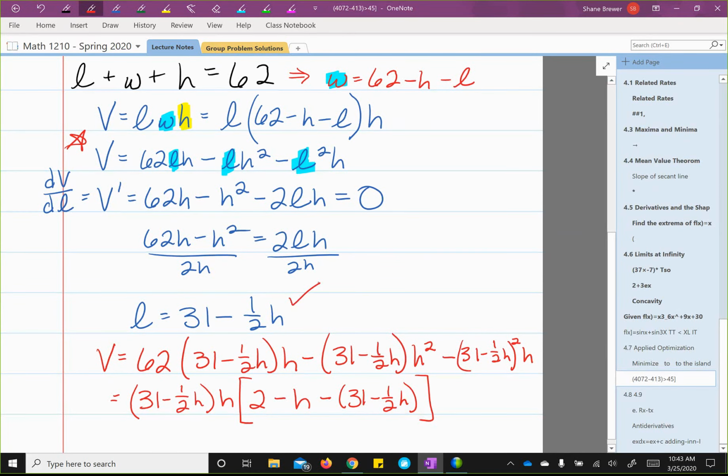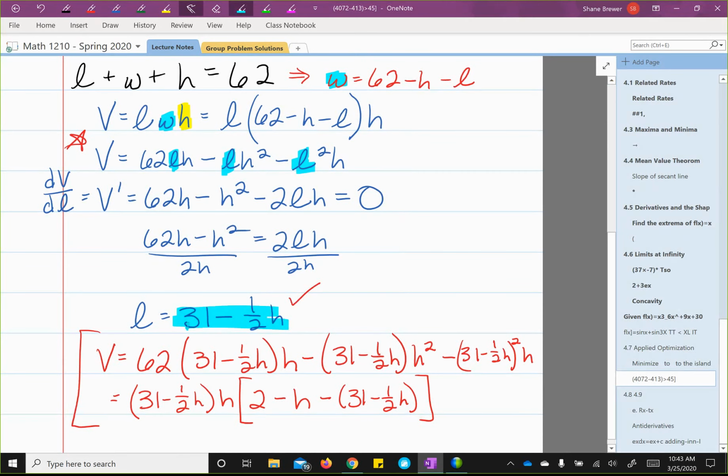All right. Actually, let's make our life a little easier. I think I'm making this a little harder. Let's try this. I'm going to back this off. All this work that we've done up to this point is in order to find out what length we need in order to get the maximum volume.